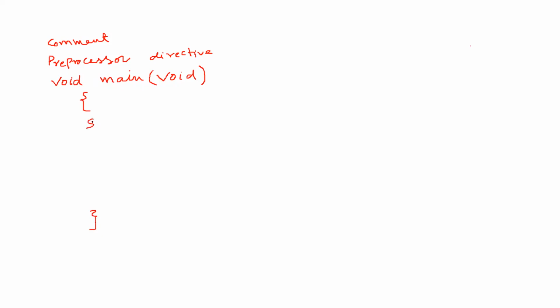Statement one, semicolon, statement two, semicolon. Any of the statements we can use. Statement n. So this is the basic structure of a program.